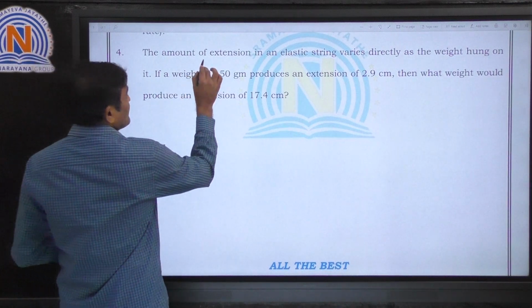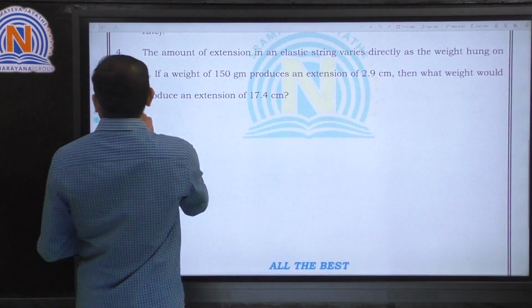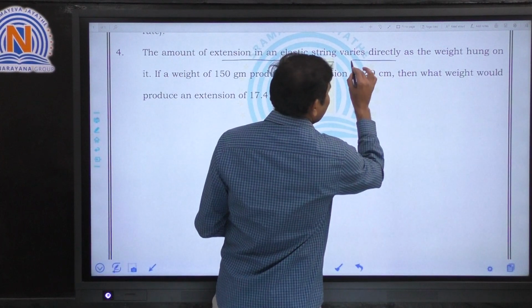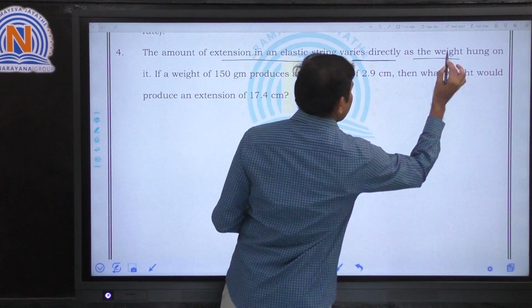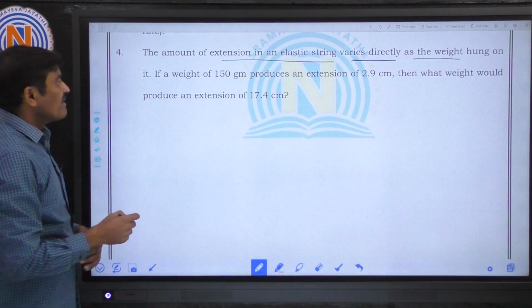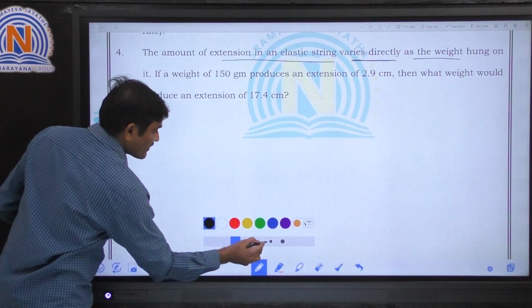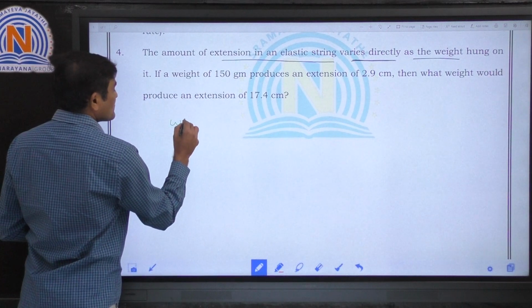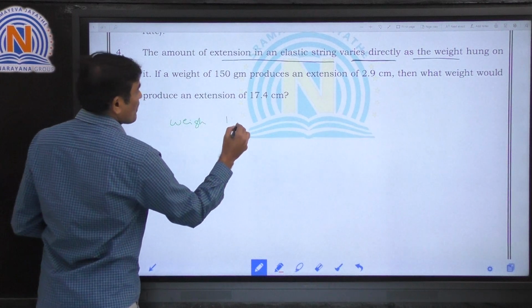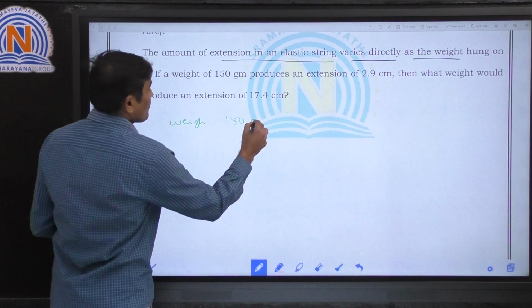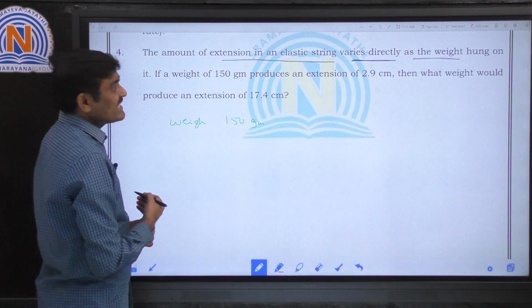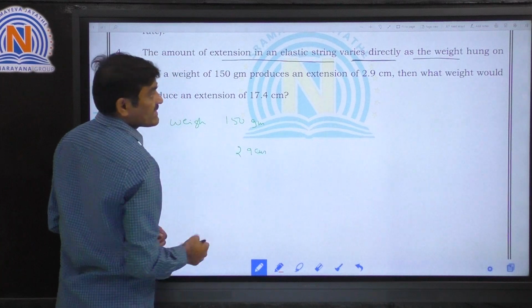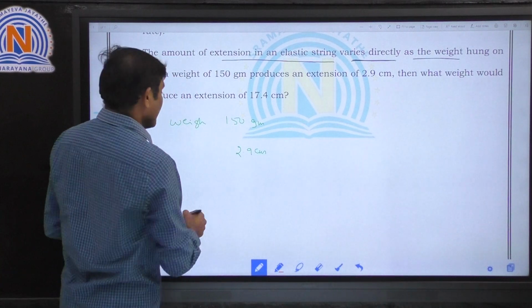Given that the extension in the elastic string varies directly as the weight hung on it. A weight of 150 grams produces an extension of 2.9 centimeters.